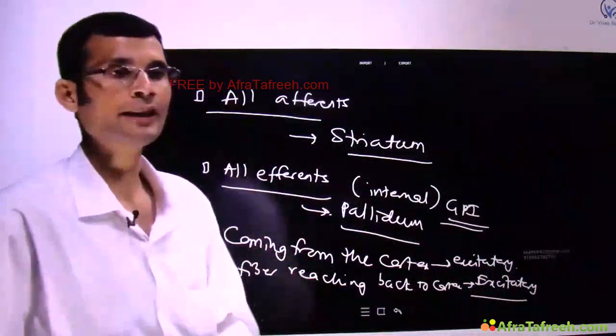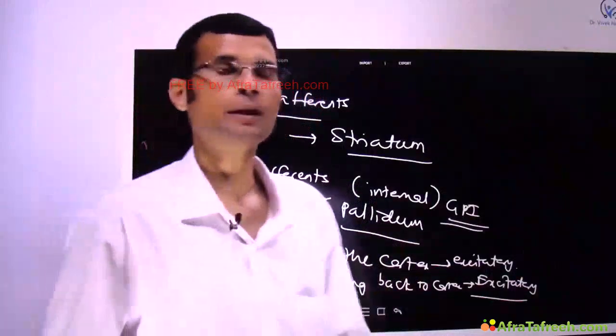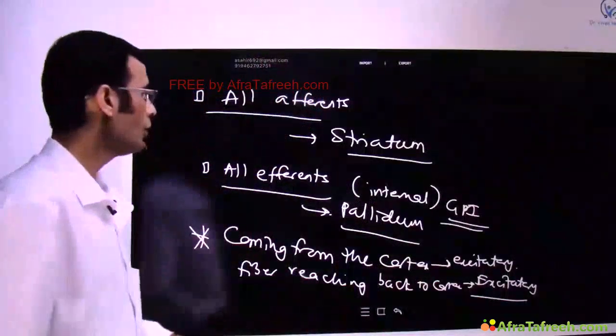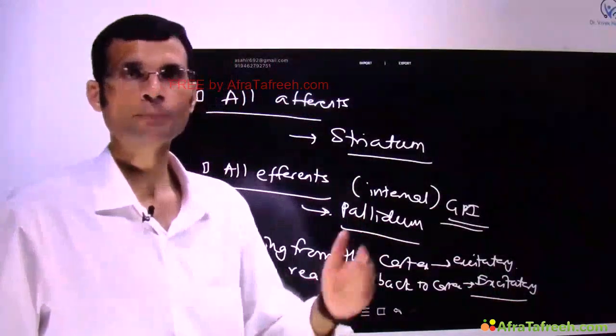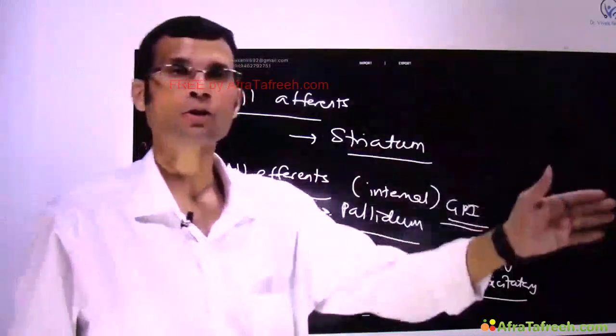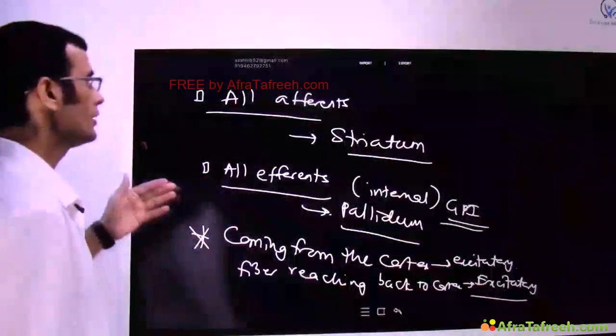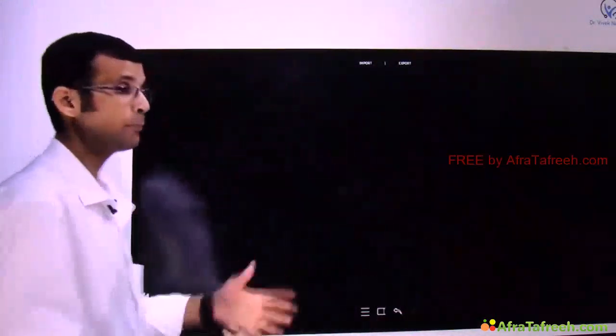This is for the sake of how you remember the circuit and excitatory and inhibitory pathways. So remember, for now, the fiber coming from the cortex into the basal ganglia would be excitatory fiber, and fiber that is finally reaching back to the cortex is excitatory fiber. The others are inhibitory.